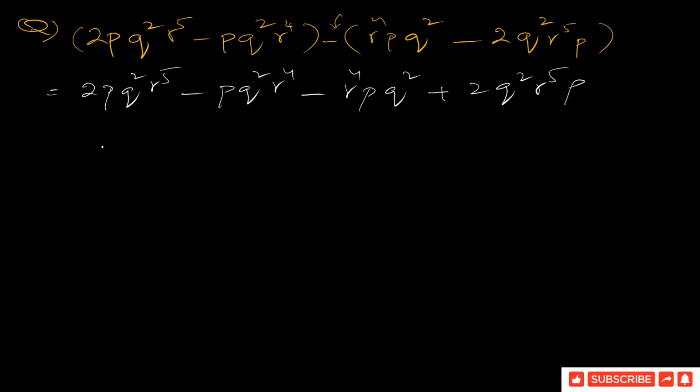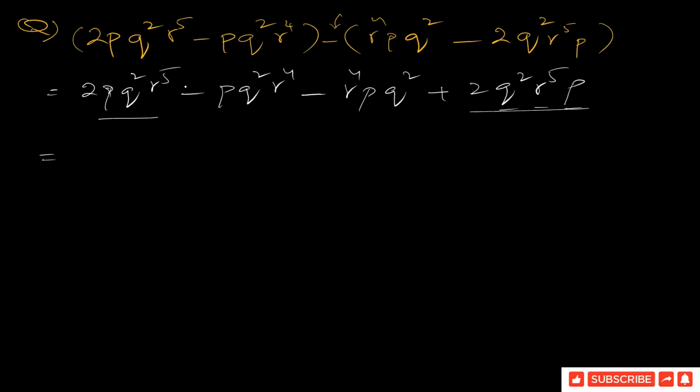Now we check the like terms. This is kind of complicated, so we have to check very carefully. This is 2pq squared r^5, and this has p, q squared and r^5 as well. So these two are like terms.